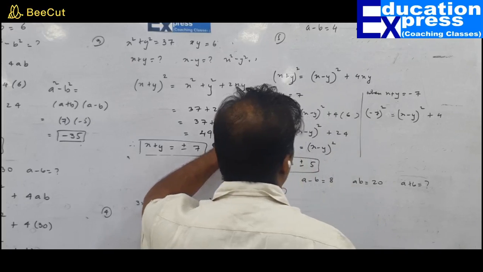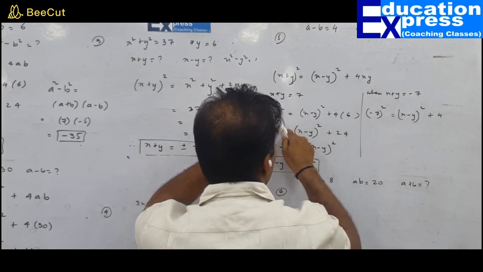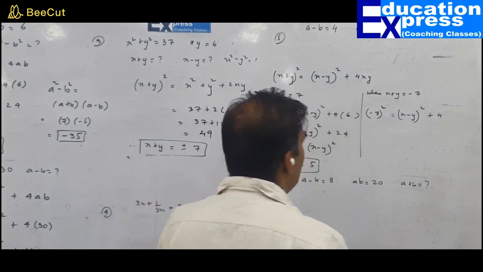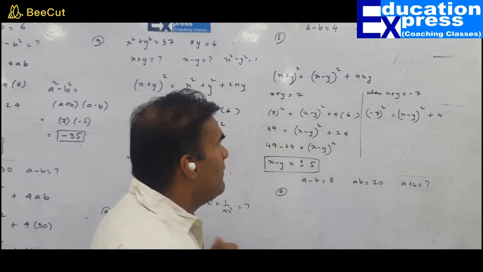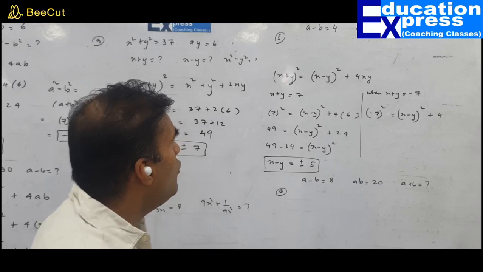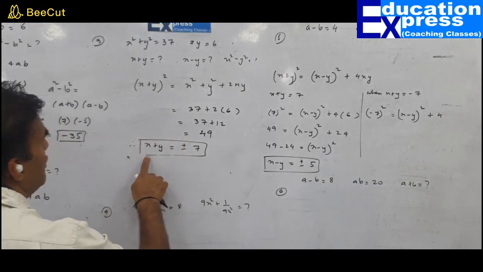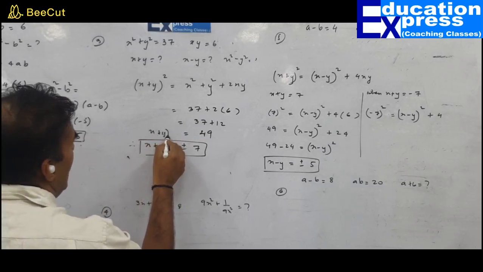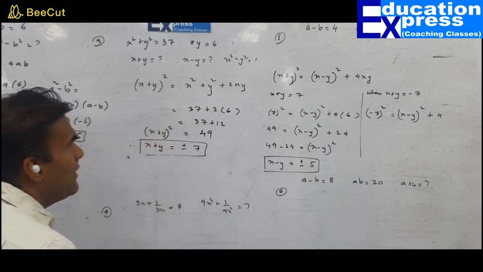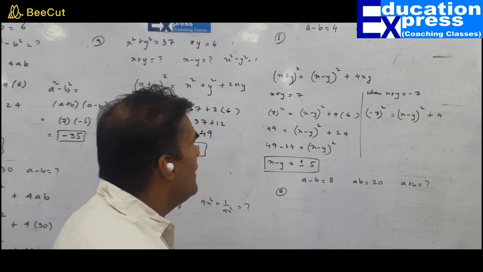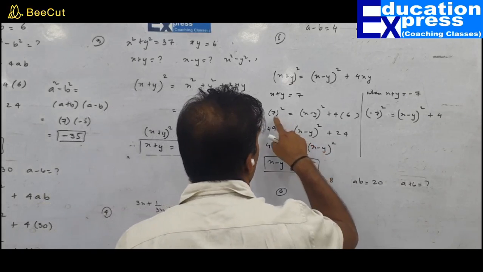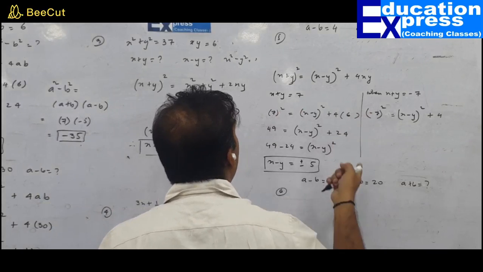That means I am using the value as minus 7 in this. But if you see, is there any need of doing this? My answer is no. So why no? Because I have the value of (x plus y) whole square as 49, and if I use that, there is no need for me to systematically apply the value of x plus y.